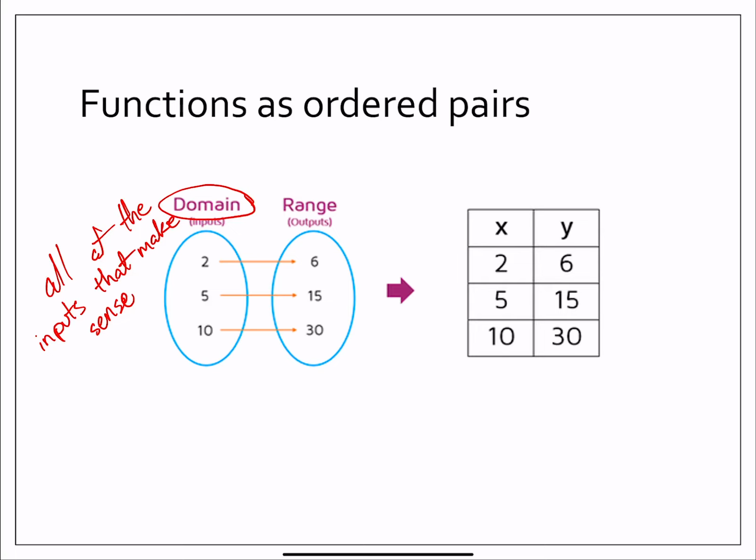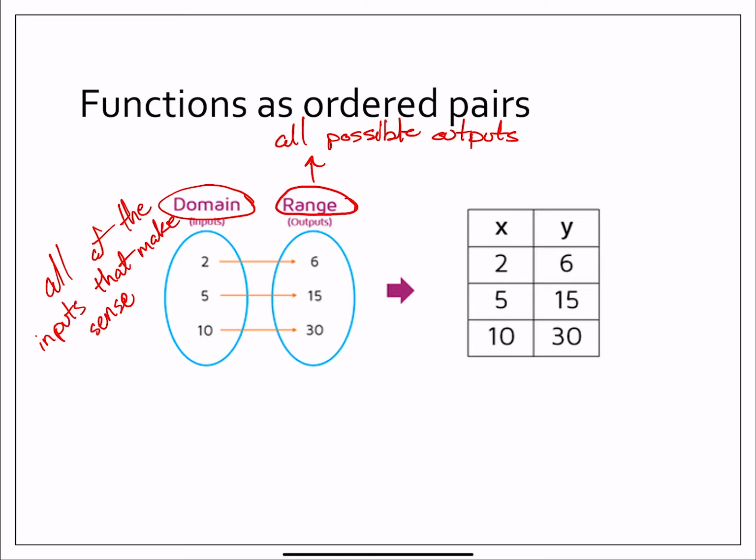Now, the range, on the other hand, is all possible outputs. Because our outputs are dependent on the inputs, we can definitively say that with all of our inputs, these are the only possible things that we can get out, right?